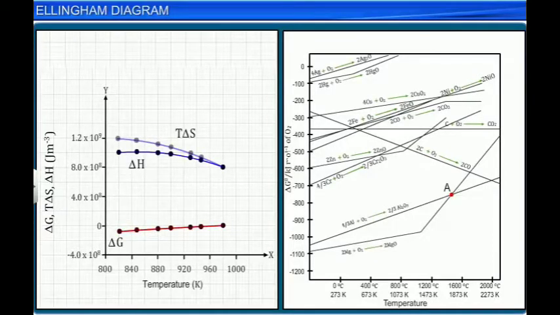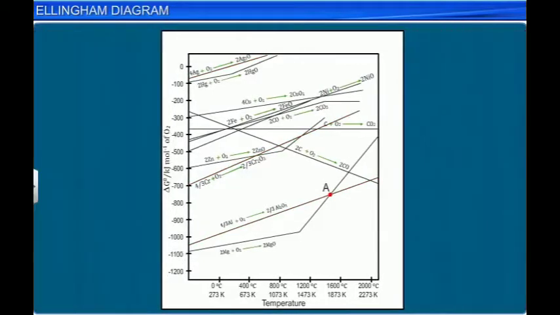The second important feature is that the Gibbs free energy change follows a straight line unless the material melts or vaporizes. The temperature at which such a change occurs is indicated by an increase in slope on the positive side.